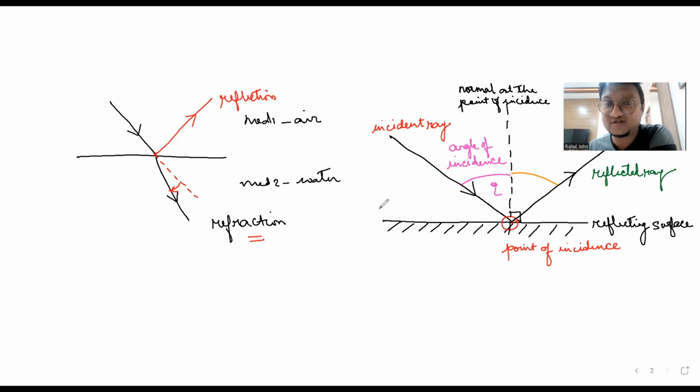There can be a normal here also, there can be a normal here also. But here we are specifically talking about the normal at the point of incidence. So, this will be called the angle of reflection.